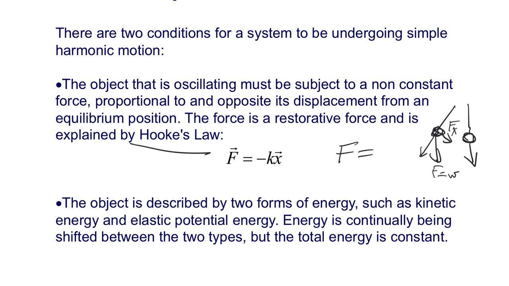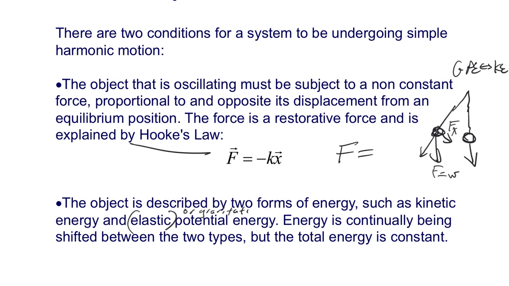So you don't really need Hooke's law unless you're using elastic potential energy. Now in the pendulum, it's not elastic potential energy, it's GPE. It goes back and forth with the KE. Okay, so we'll talk about that later. So for a pendulum, it's gravitational potential energy.